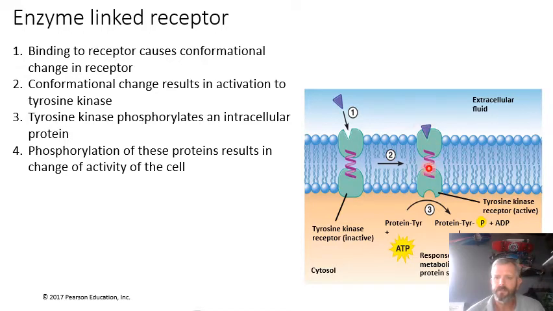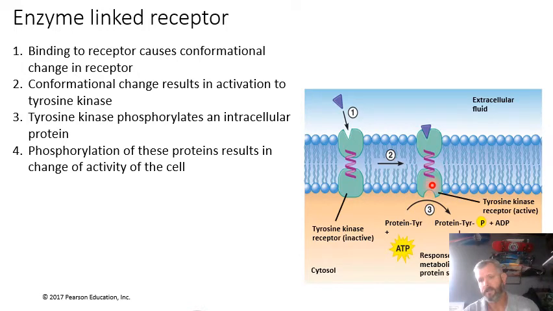So you can see now it's active. Here's the protein that has a tyrosine residue in it, and we're going to add a phosphate. That is what this enzyme catalyzes, adding that phosphate group to that tyrosine of that protein. That can activate other proteins, and we can get a response in the cell. A common type of tyrosine kinase receptor is that of insulin.